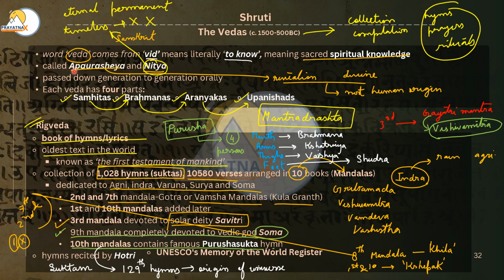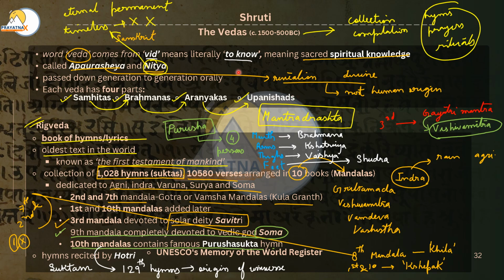Vedas are called Aparushaya because it is a revelation from God itself. It is divine and not of human origin. And it is called Nitya because it is eternal and permanent, which is to say it is timeless, it has no beginning and no end. It exists basically in all eternity.